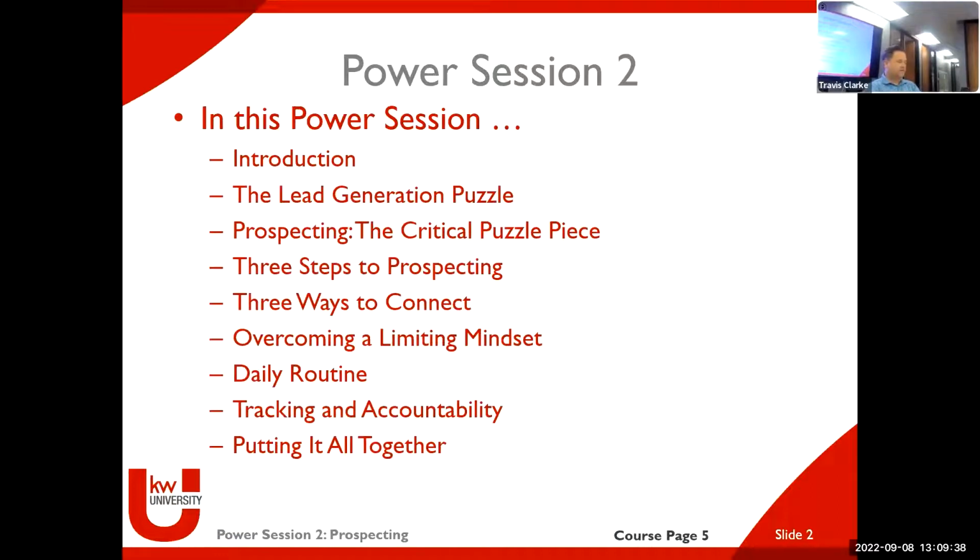Another thing that I feel is one of the most important topics, which we talked about yesterday as well, is the importance of creating a daily routine, what you do every day. So from yesterday, what was the most important part of the daily routine? Lead generation. What was that? Setting aside at least 3 hours for lead generation. Yes.